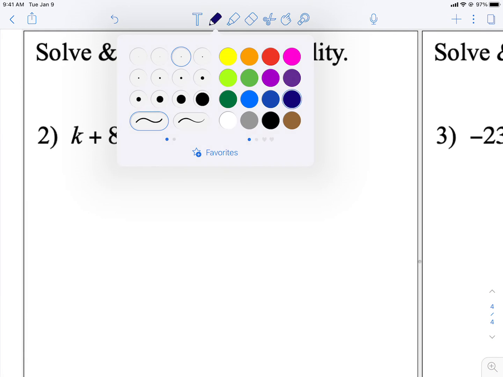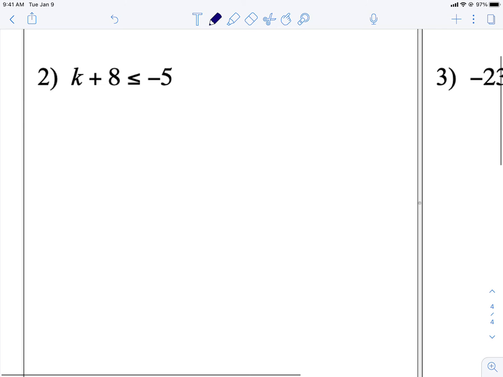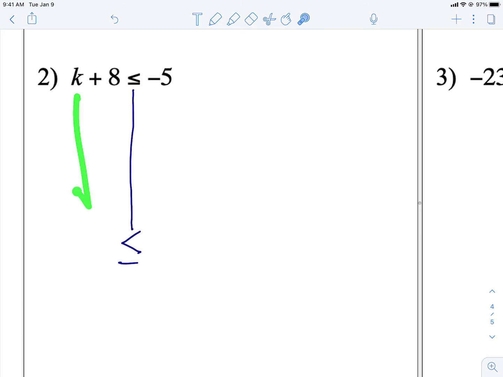First thing we're going to do is draw our line of separation, just like that. And we're going to draw our inequality, right? So K is going to come down. So that means I got to move this 8 over to the right, so it's going to become a -8.